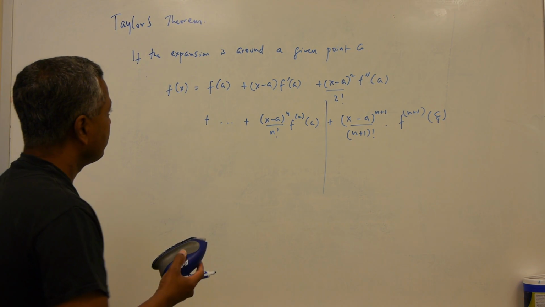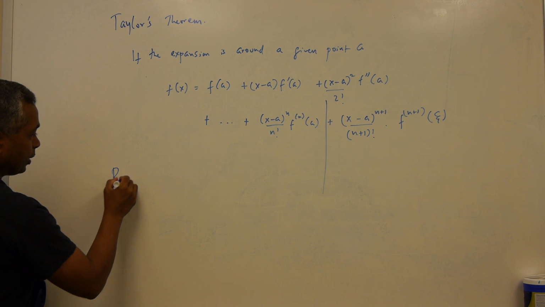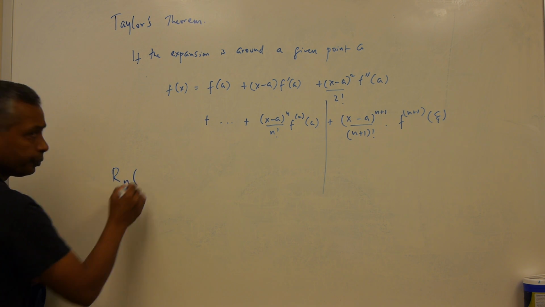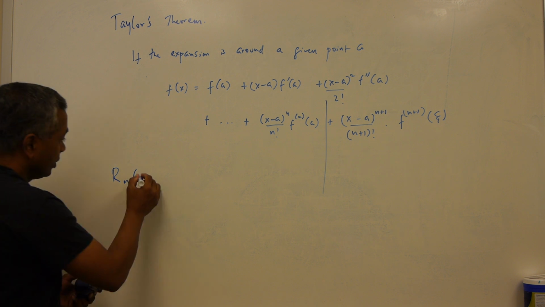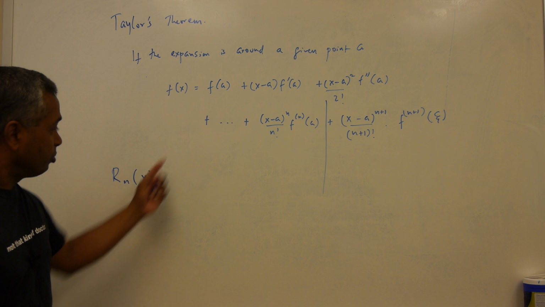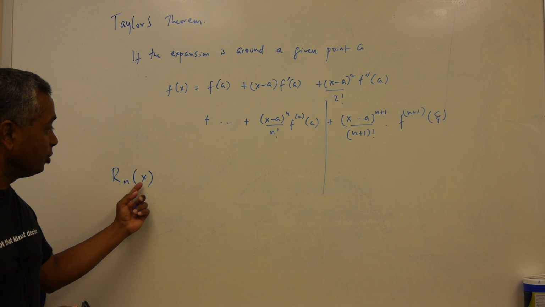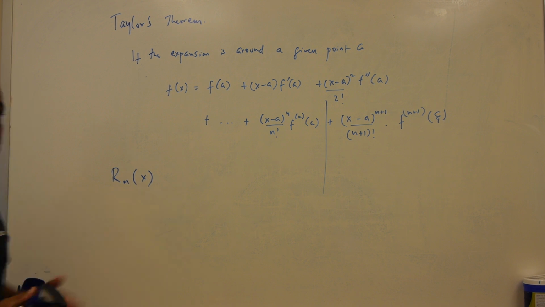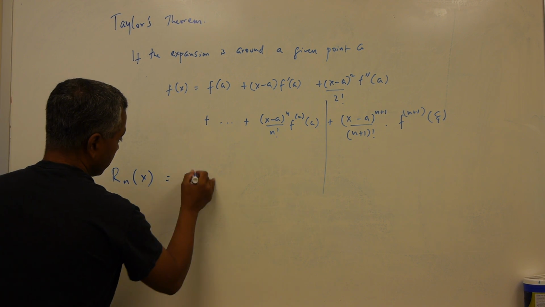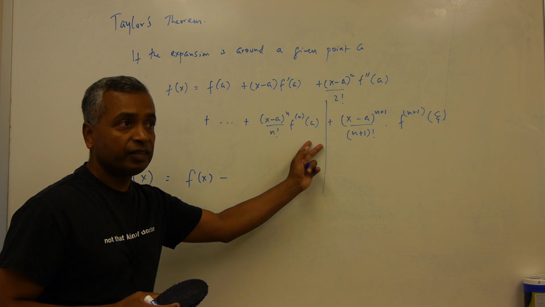Let me formally go ahead and write the remainder. So the remainder in computing the function f(x), so I'm writing this as the remainder with an nth degree Taylor series approximation for the function f(x), is simply f(x) minus the finite approximation that I've taken here.